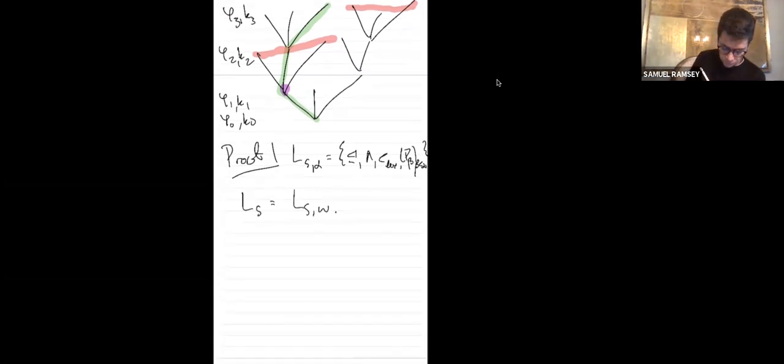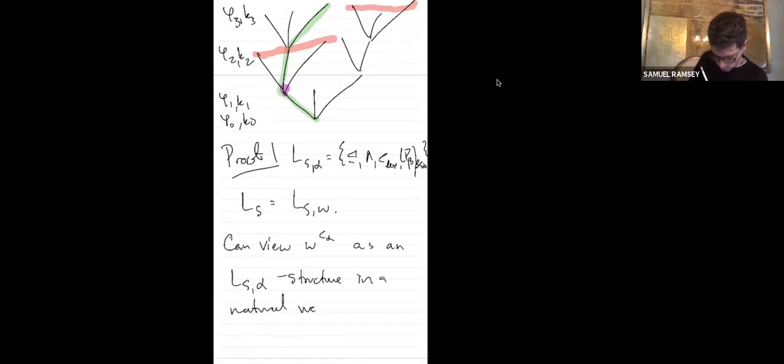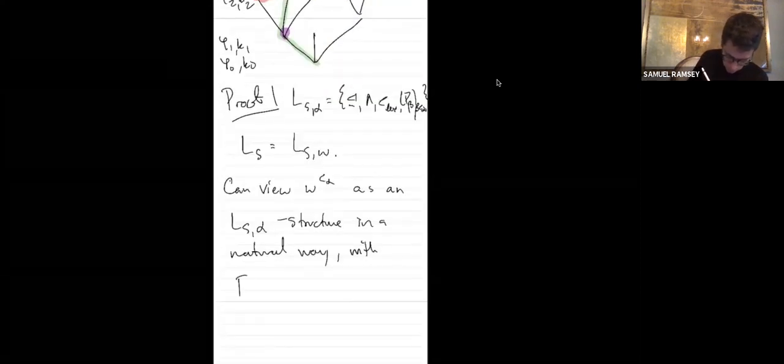So we can view omega to the less than alpha as an L_S^alpha structure in a natural way, with the interpretation of P_beta being just omega to the beta, sitting inside of omega to the less than alpha.